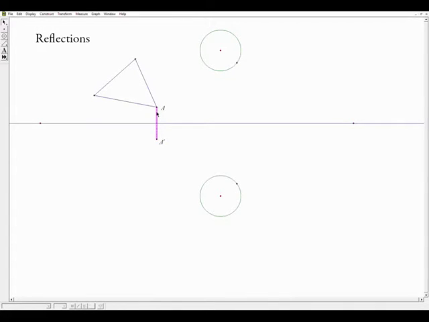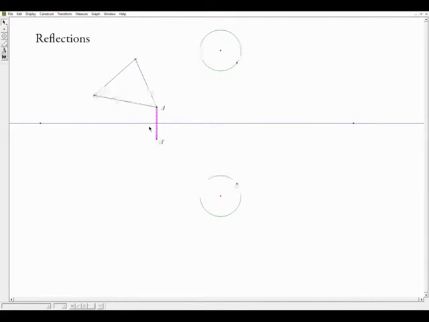We say that it bisects the line connecting the original to the image point. We'll use this fact later in this unit: when we reflect a point and connect the original to its image, it's perpendicular to the mirror line, and the mirror line cuts this segment in half. So the distance from here to here is the same as the distance from here to here.